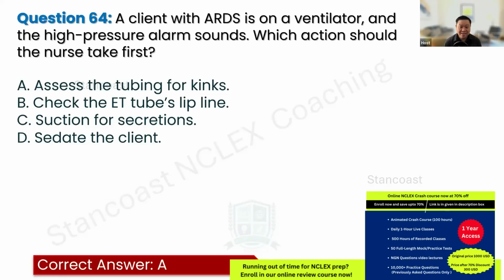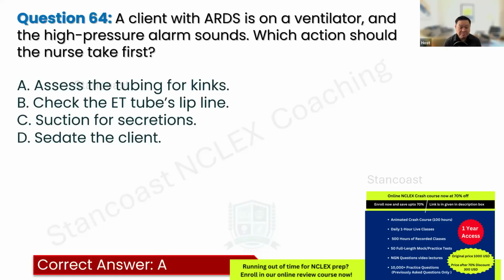Checking for kinks in the tubing is a very quick, non-invasive way to resolve a high pressure alarm. And for options letter B, C, and D, these are incorrect. For letter B, the endotracheal tube position should be checked regularly, but this does not directly relate to a high pressure alarm.